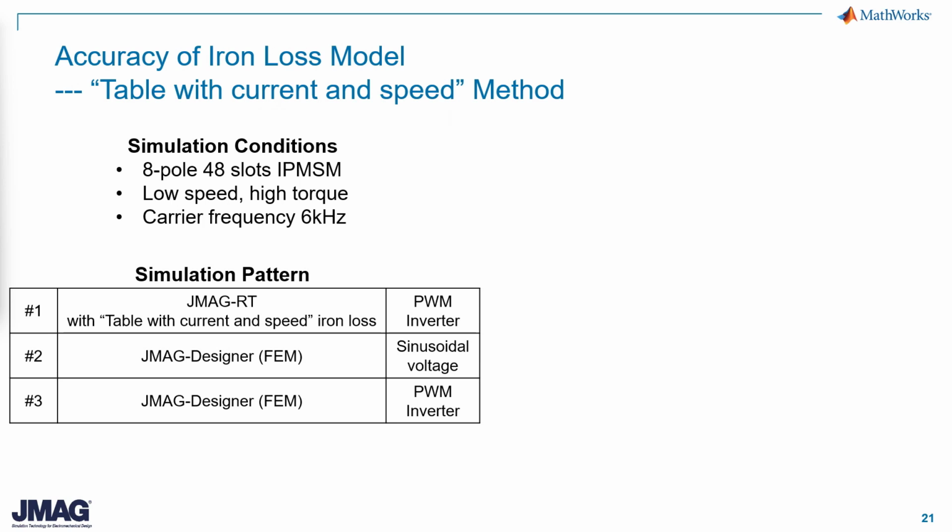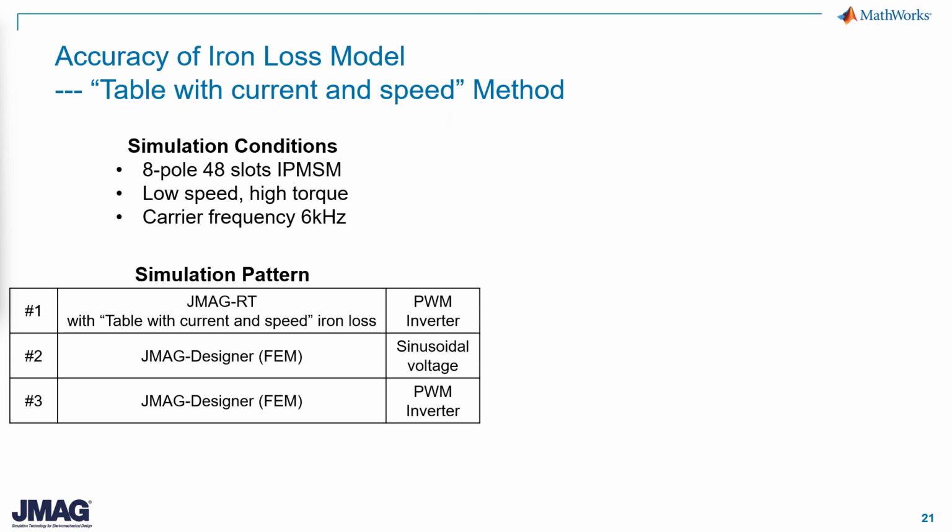With this test condition, we simulate three patterns. First is a JMAG RT with a table with current and speed iron loss, as we discussed, and as the source of the voltage, the PWM inverter was used here. Then the second pattern is the pure FEM, not using system level tools, and in this case, the source was sinusoidal voltage.